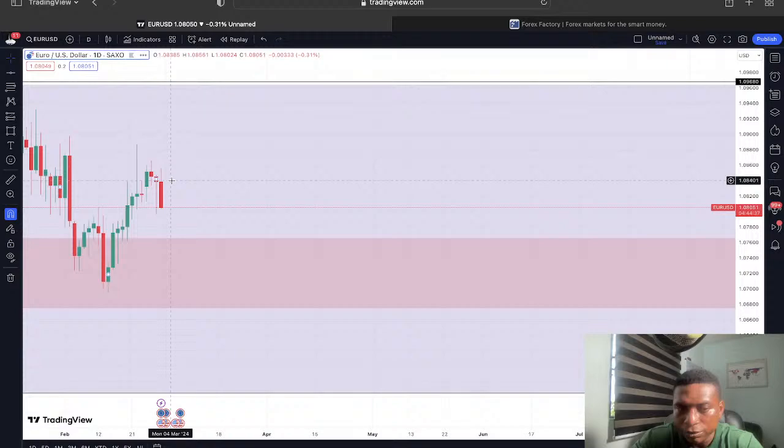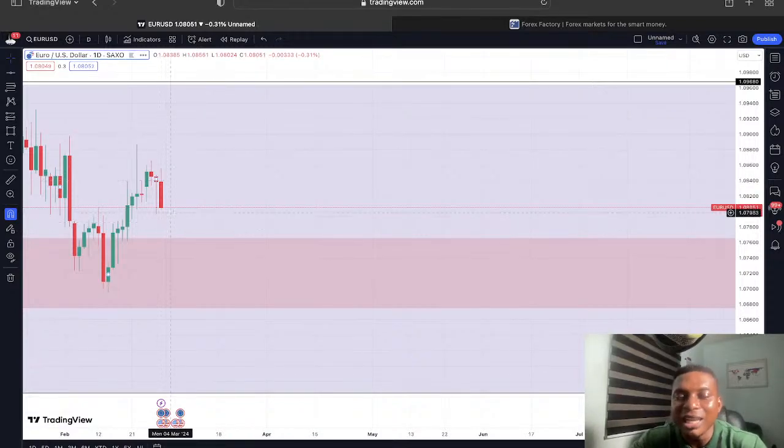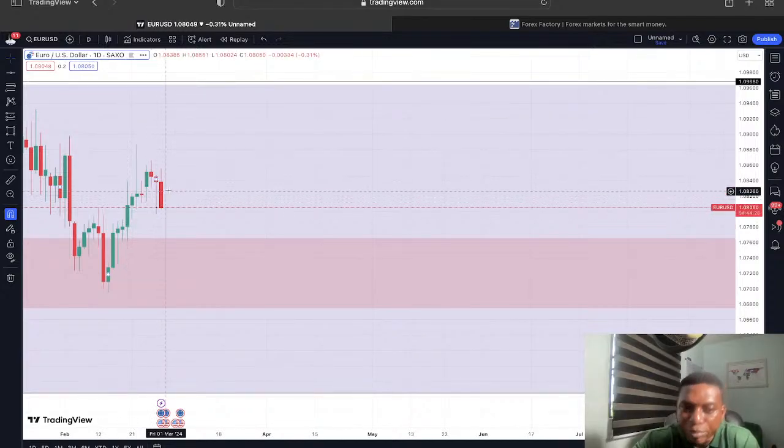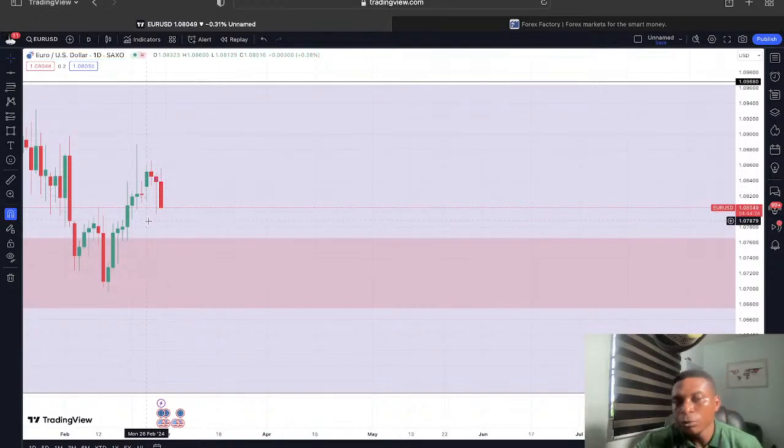However, this does not eliminate the presence of buy pressure, because when you look at the previous day, the presence of buy pressure was heavier. We can see how buyers pushed the price back up.